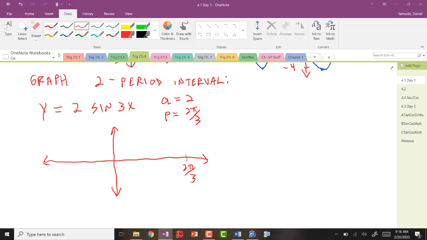What's half of pi over 3? Pi over 6. Then you ready? 1 pi over 6. 2 pi over 6. 3 pi over 6. What's 3 pi over 6? Pi over 2. And then what's 4 pi over 6? Doesn't 4 pi over 6 reduce to 2 pi over 3? Yes.